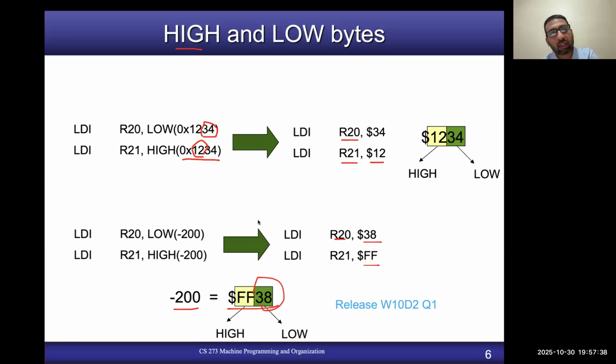Okay, so the correct answer is the last one, right? Load immediate R16, comma low 0xFF0, and load immediate R17, comma high 0xFF0, right?